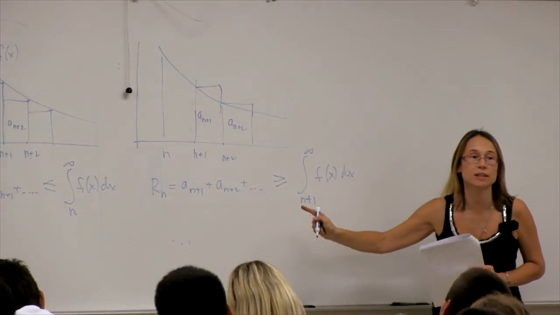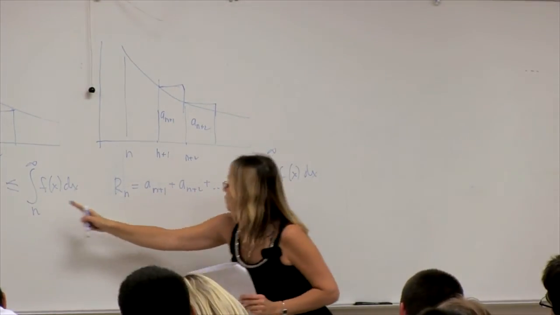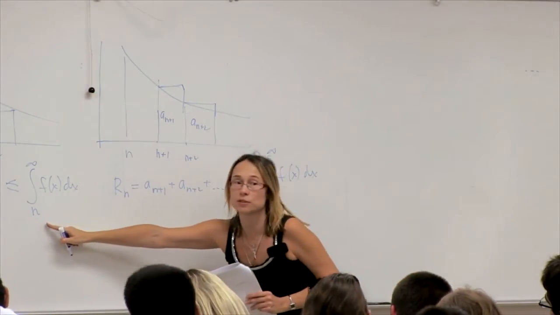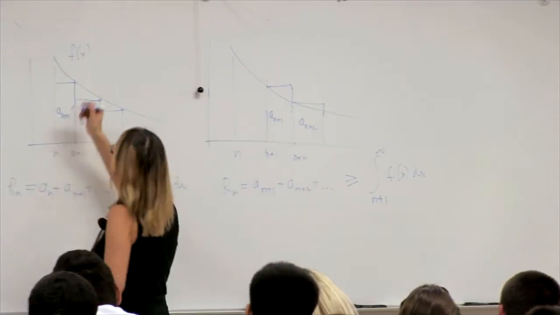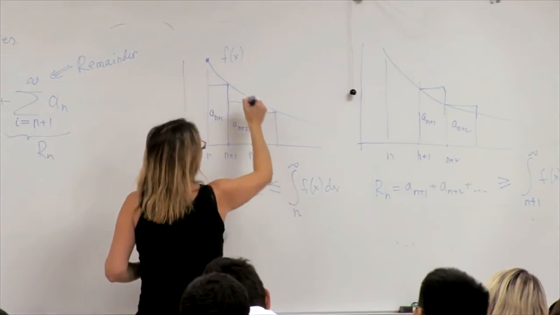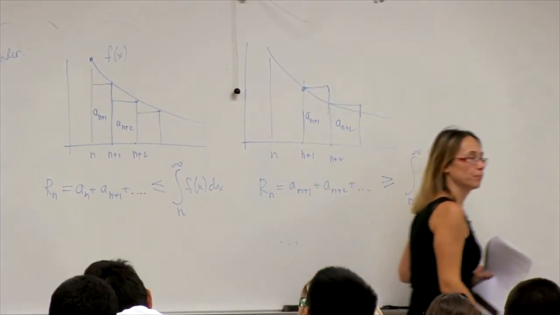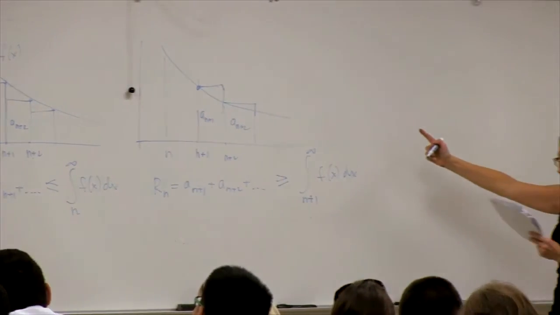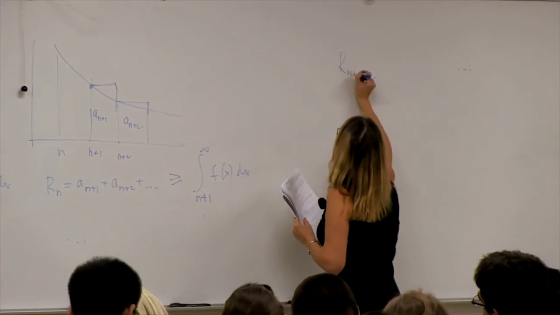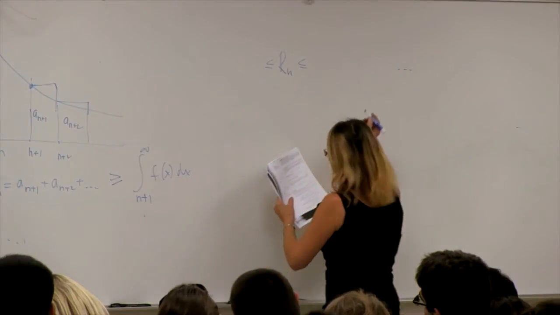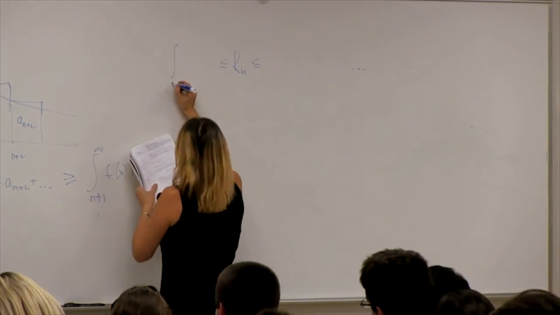So these are very similar inequalities, except the sign is different, and the limits of integration are different. Here I'm integrating from n, right? I'm starting from here. And here I'm integrating from n plus 1. So if I combine these two, I can put two bounds on the value of Rn.